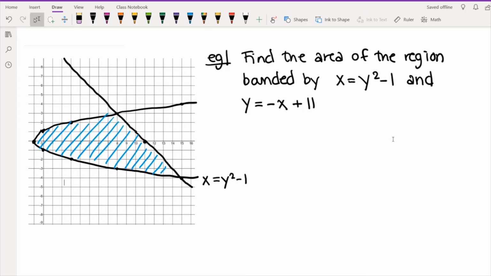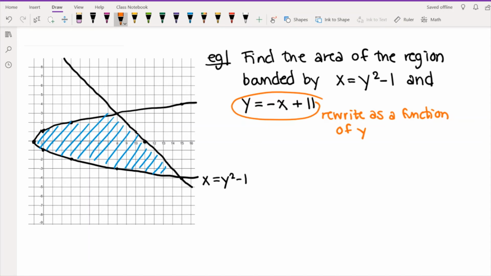It's going to be exactly the same as integrating with respect to x in terms of the actual procedure. But the one thing that we do need is we need to rewrite this function here. So we need to rewrite this as a function of y instead of as x. And when I say rewrite something as a function of y, that basically just means solving it for x, so that it's like this one, right? x is equal to y squared minus 1.